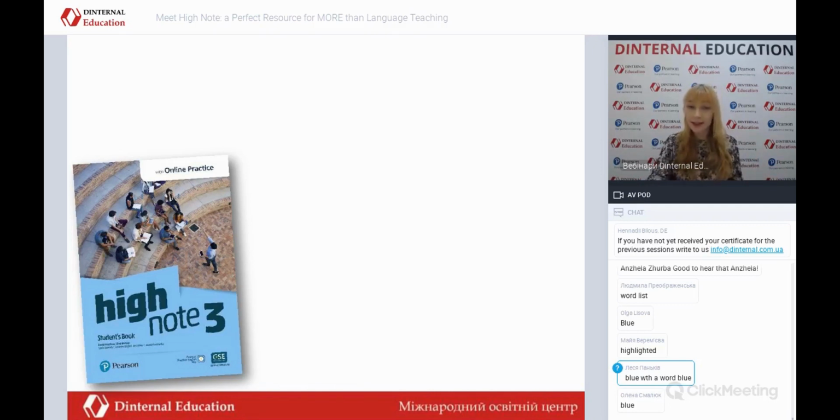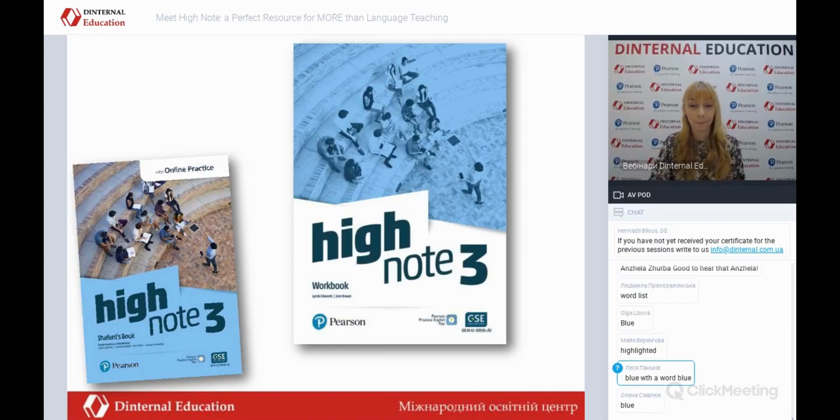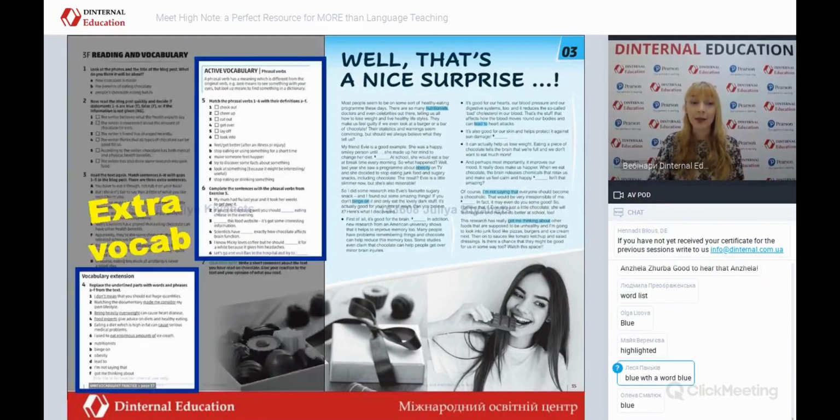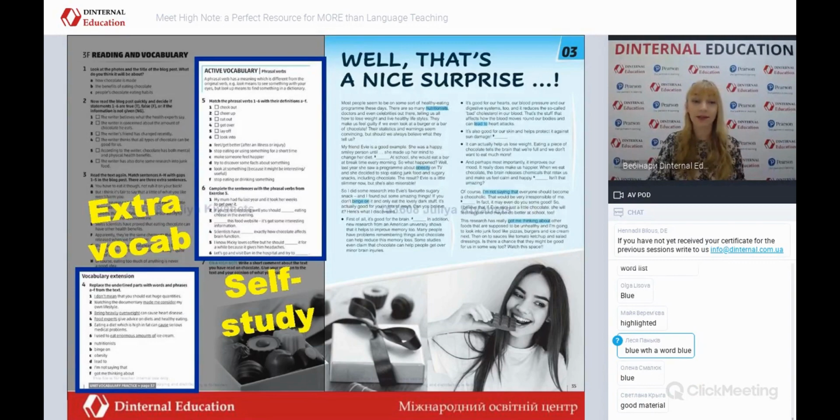And you can easily see that in the workbook. So I will just show you a spread. It's a reading spread, but it works the same with listening in the workbook. So it's to be covered at home, obviously. And take a look at these exercises, 4, 5, 6. This is extra vocab that they need to study alone at home.